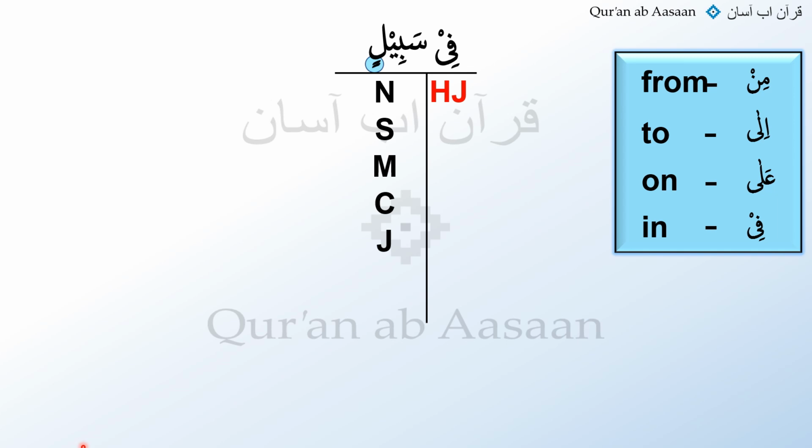The reason for the jar here is because of fi. And we say the Arabic first before translating. Fi sabilin. Fi is in. Sabilin, in a sabil. Sabil means way, so the translation would be in a way or in any way. Good. Well done. Excellent.